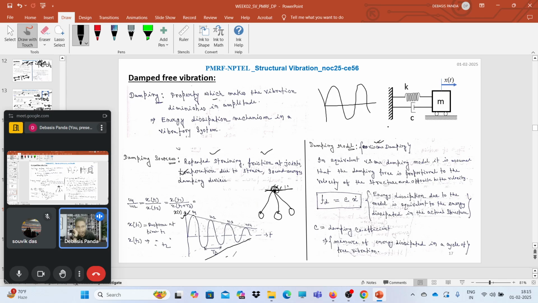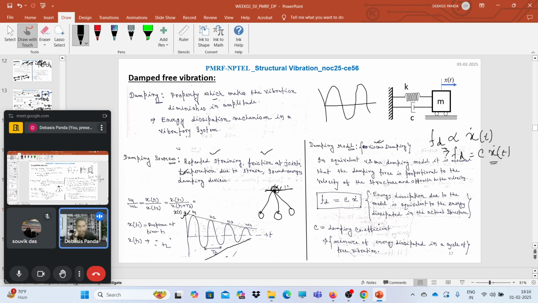In the viscous damping model, the damping force is considered proportional to the velocity of the motion. That means Fd can be written as C times x dot of t. This is the simplified model for viscous damping.